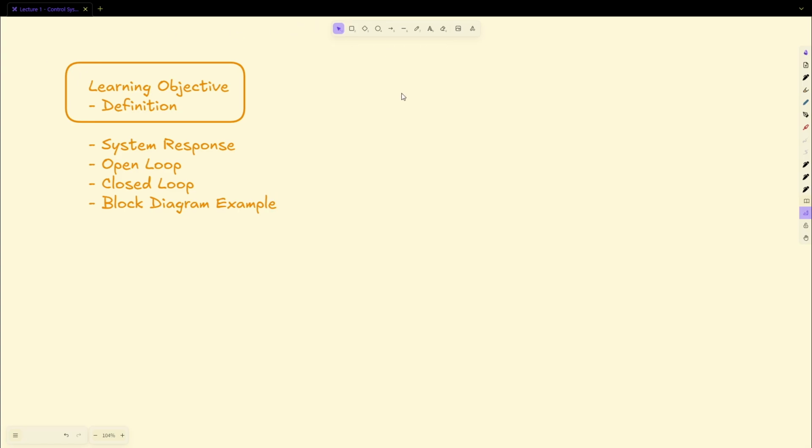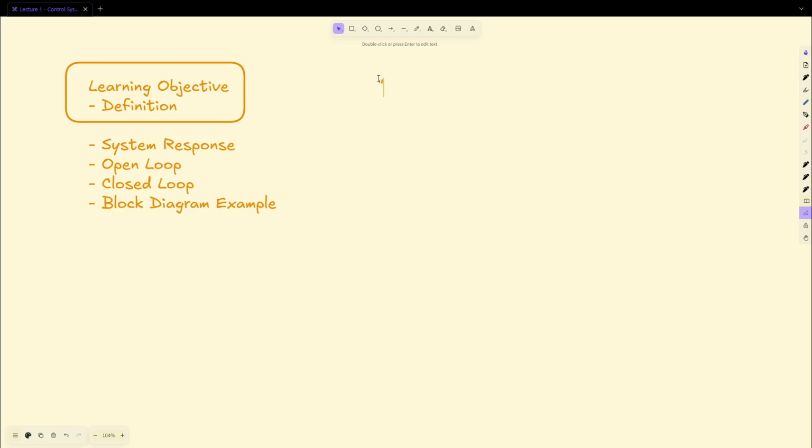Okay, so to start off this lecture, we need to understand what a control system is, right? We have to define a couple of things to be able to understand it.